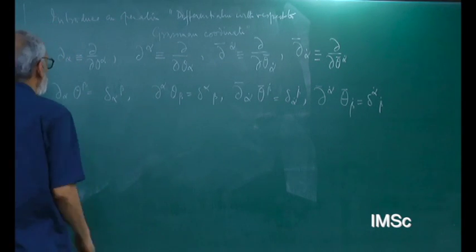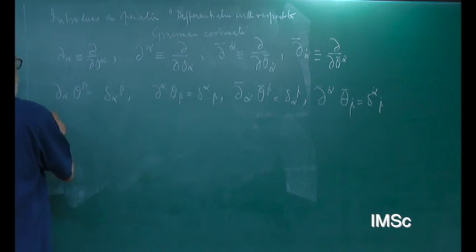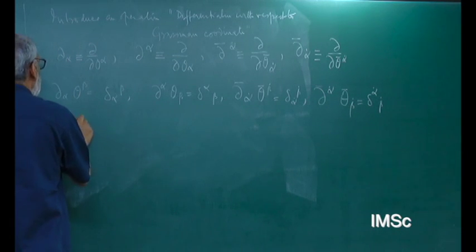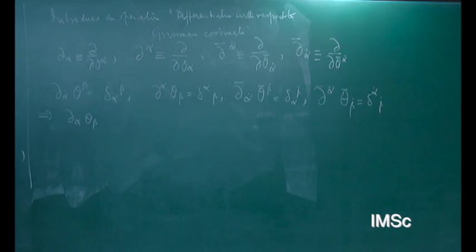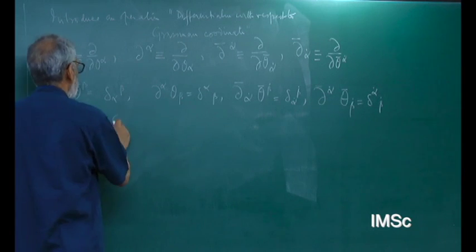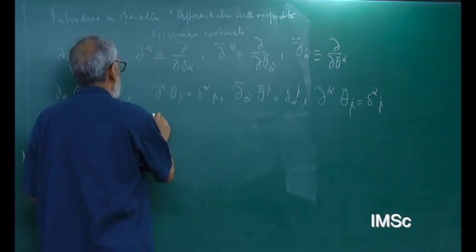Now given these rules, I can check what is d alpha acting on theta beta. Now theta beta is down. I pull theta beta down through my epsilon. So the answer is epsilon alpha beta.